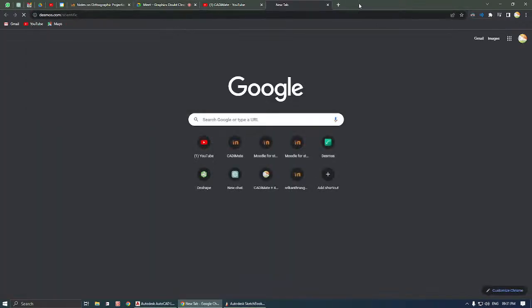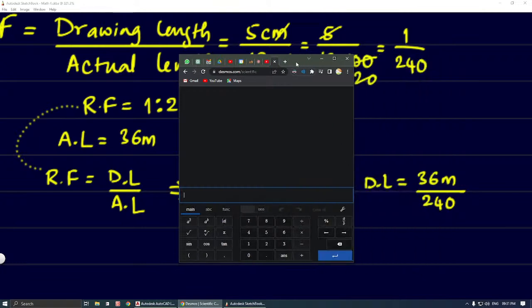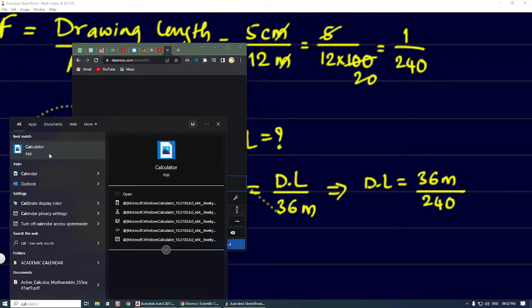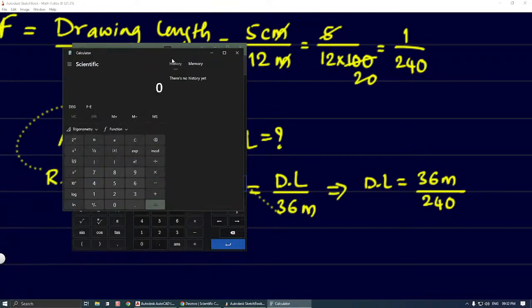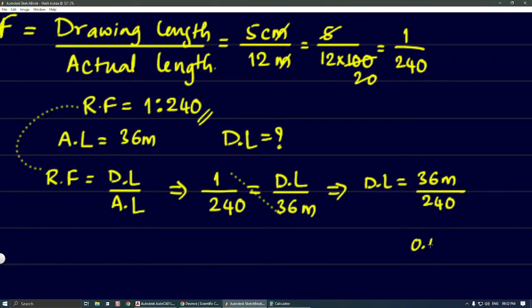You can carry your scientific calculator with you if you have one, or you can use the calculator which is available in Windows. For such simple calculations you can use this, right? 36 divided by 240, the answer is 0.15, and here the unit is meter. The drawing length is 0.15 meters.